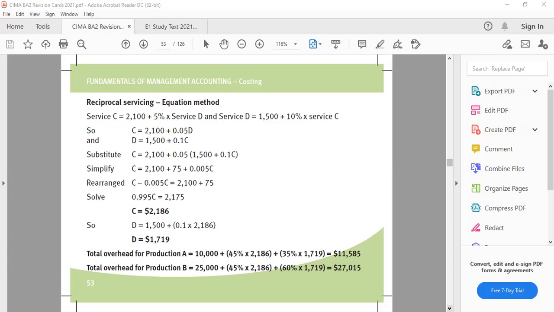Check how much this is: 10,000 plus 2,100 into 0.45 plus 1,500 into 0.35. So 11,470 is A.